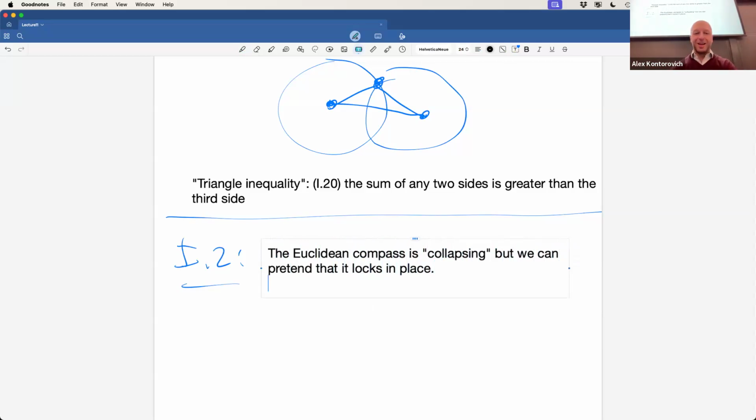What it really says is, given a point and a segment somewhere else, you can move the segment to the point.